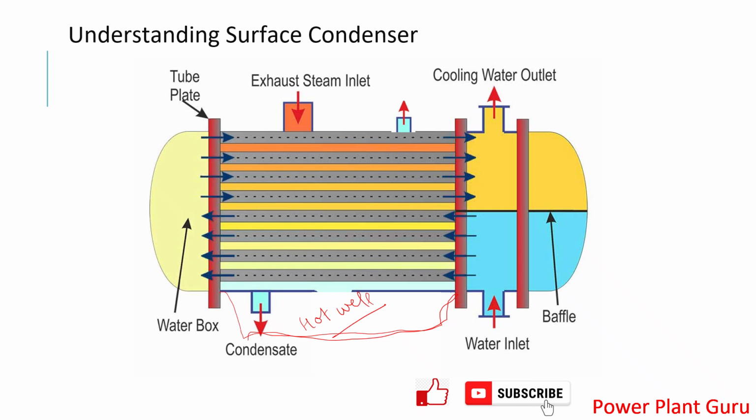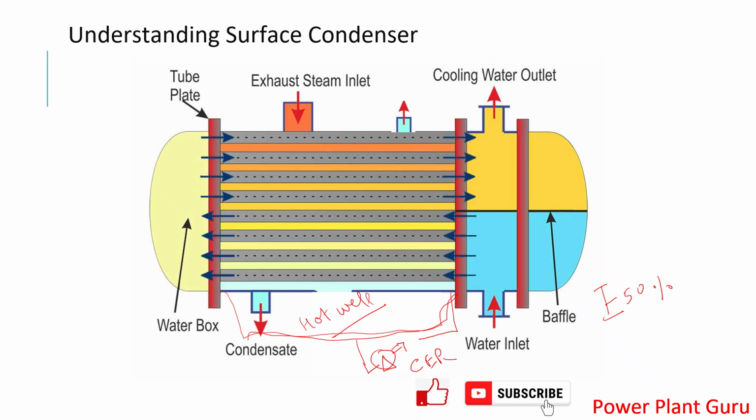And there will be one level transmitter also, level gauge also, maybe 50% level is maintained in that. And then you have certain pumps, right, which will be connected to this, and this will be called the condensate extraction pump.